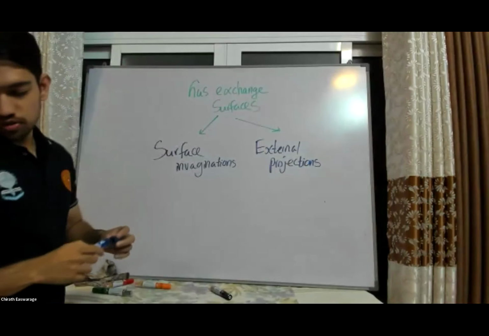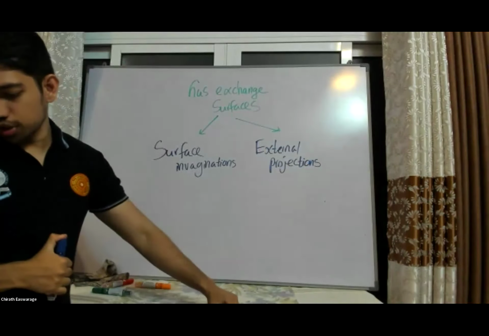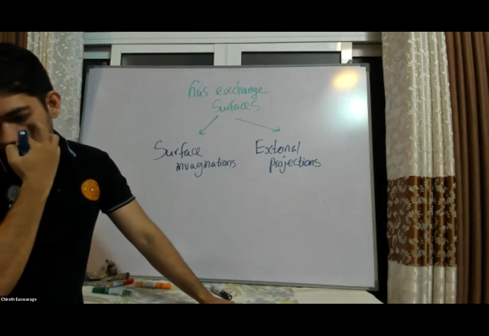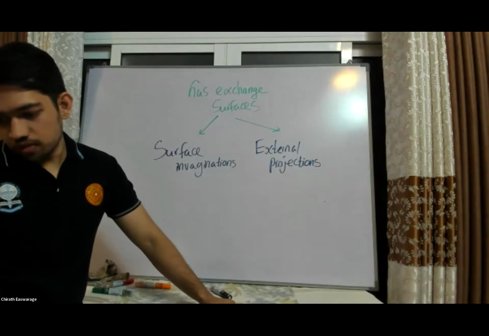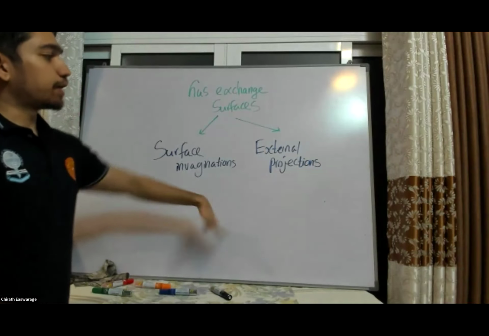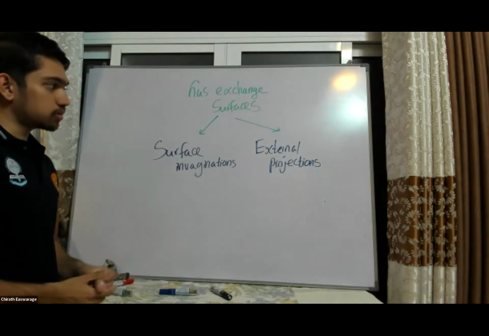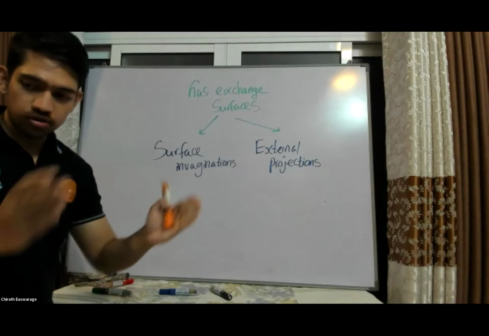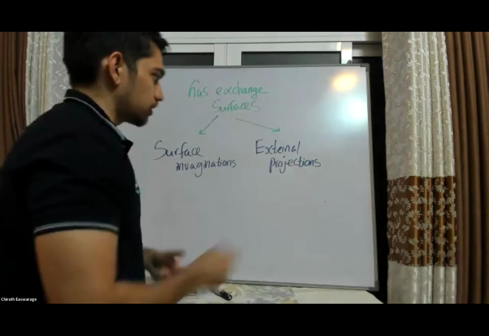So, surface invaginations and external projections. Give me some examples for external projections. What are the examples? Things where the body surface is pushed to the outside.